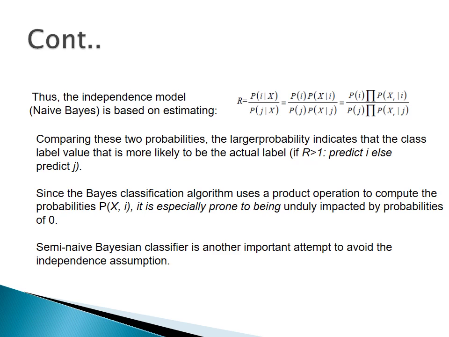If R is greater than 1, predict i, else predict j. Since the Bayes classification algorithm uses a product operation to compute the probabilities P of x given i, it is especially prone to being unduly impacted by probabilities of 0. Semi-naive Bayesian classifier is another important attempt to avoid the independence assumption. So it is represented by the conditional probability, and if R is greater than 1, predict i, else predict j. This is an algorithm.